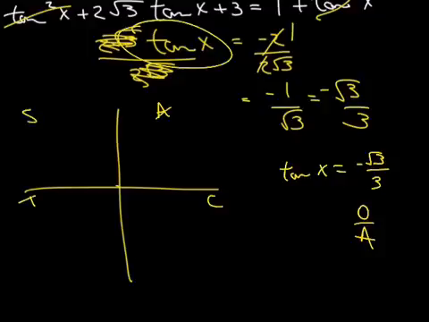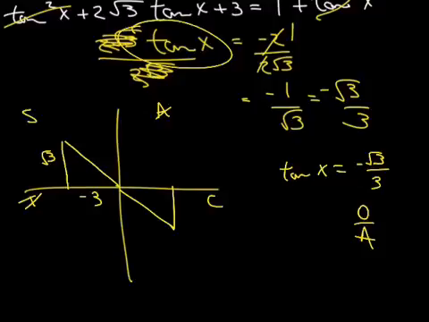So it can't be in quadrant 1, can't be in quadrant 3. So it's going to have to be in quadrants 2 or 4 in order to get a negative. So I've got opposite of a positive, so this will be square root of 3, and this will be negative 3. My other option is down here, where my opposite is negative, and my adjacent is positive. So those are my two options there.